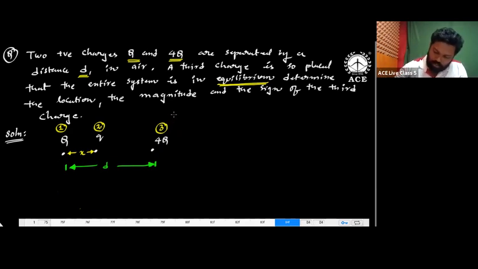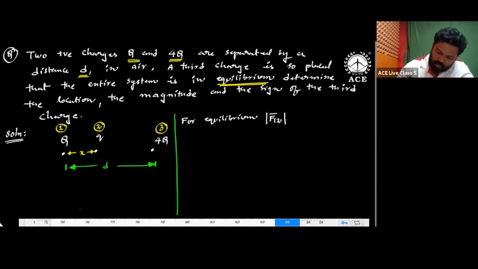So for equilibrium, the magnitude of F12 is equal to F23, which is equal to F31.